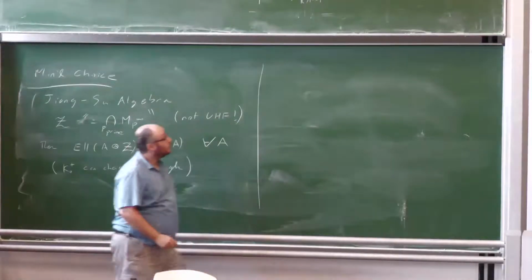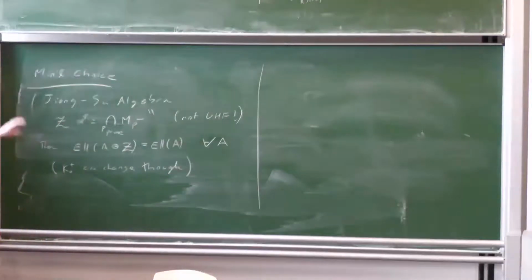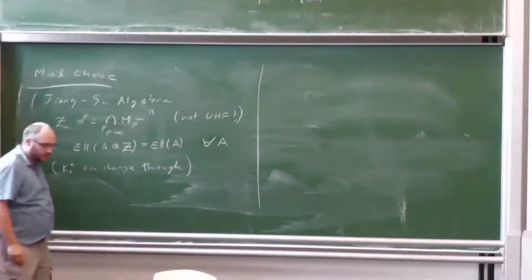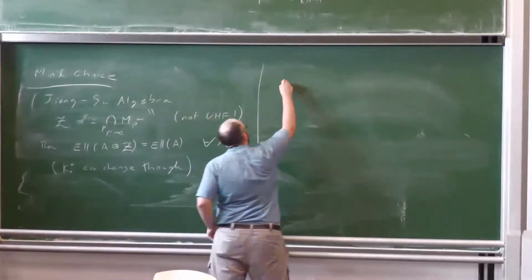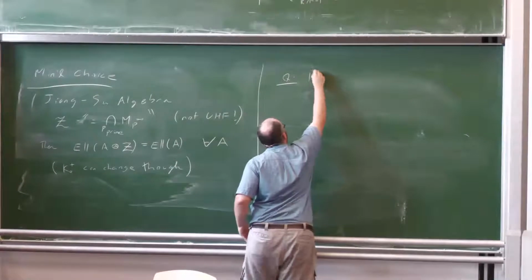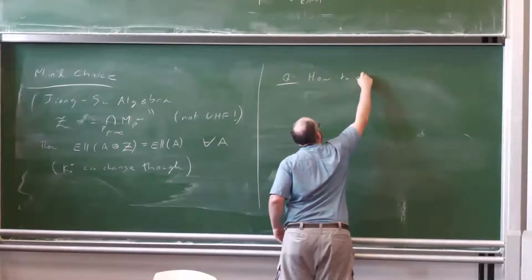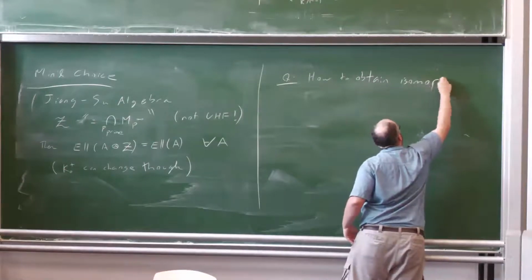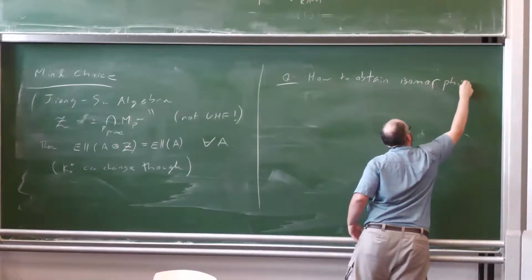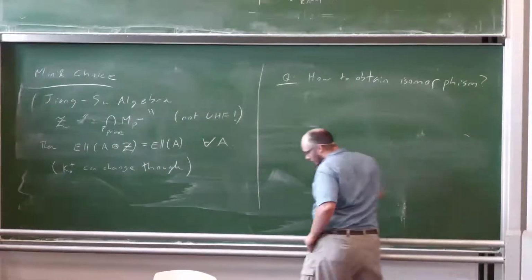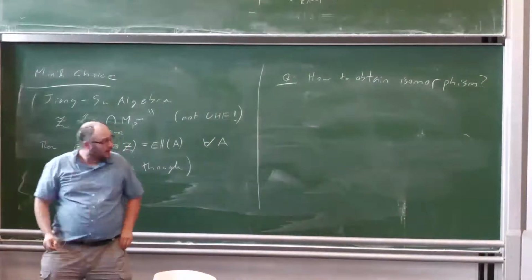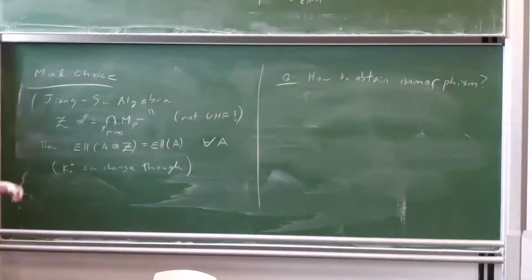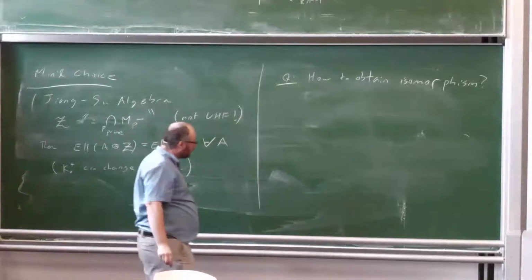All right. So the other thing I want to spend most time on is to talk about how do you actually even approach this sort of classification problem. How do you prove two algebras are isomorphic? Well, one way or another, you have to write down homomorphisms in each direction and show they're inverses.